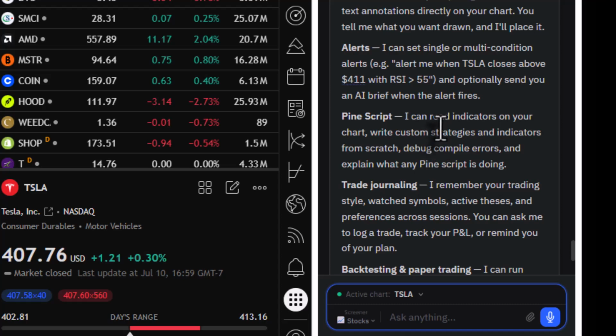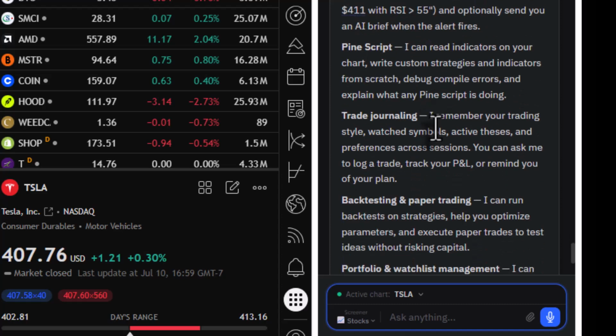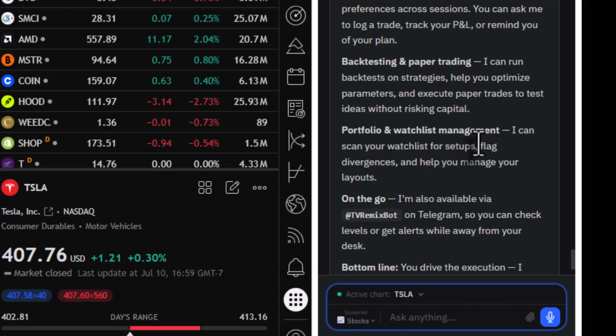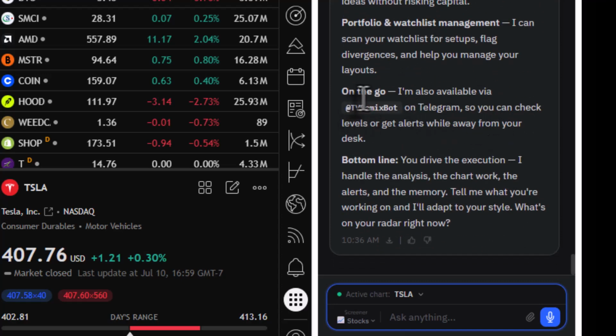Pine Script, if you want to create some indicator, why would you ask ChatGPT when you can ask the one that works with TradingView and probably understands TradingView better than anyone else? And trade journaling, so it does journaling for you, backtesting and paper trading, and pretty much everything, and portfolio and watchlist management. So that's all it is when it comes to trading, right?